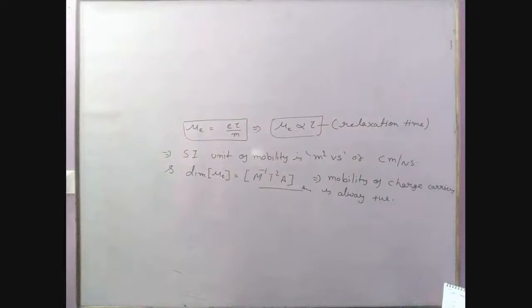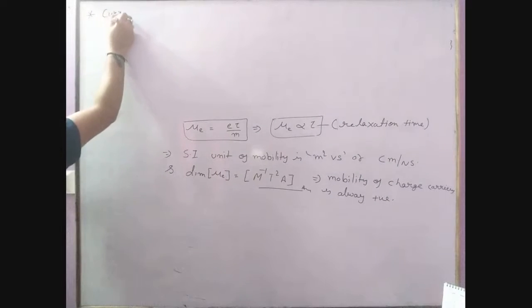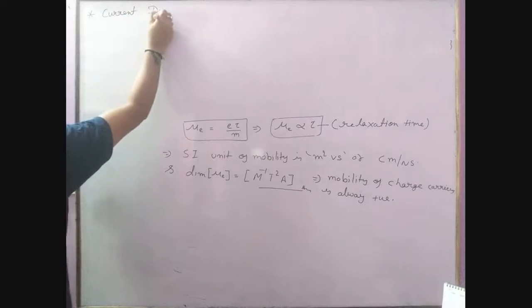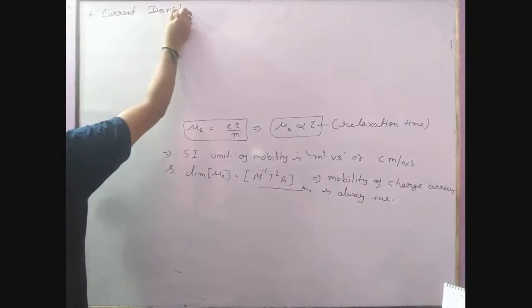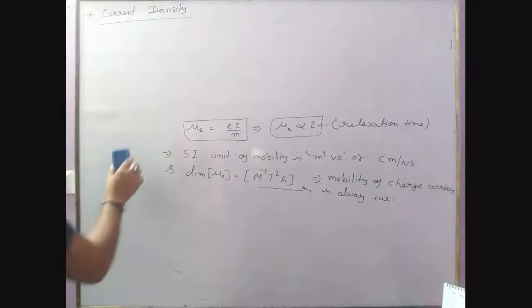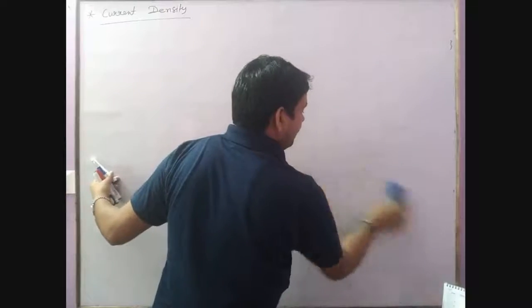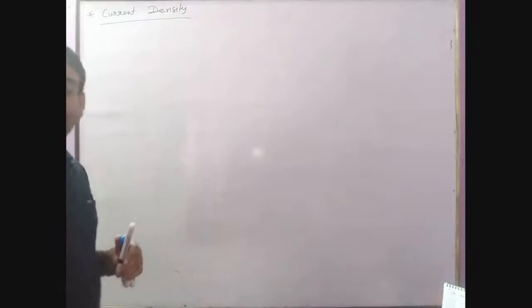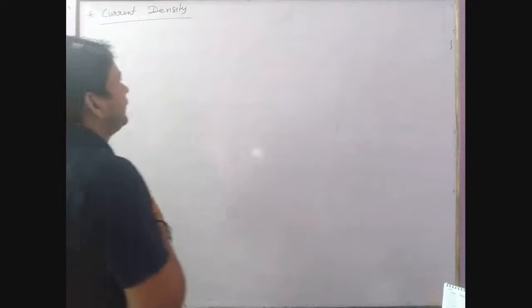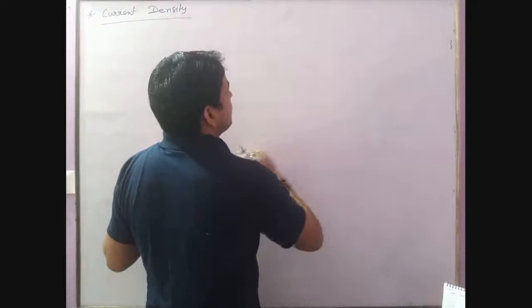Next we have current density. It is an important part. It is a vector quantity and its direction is always taken perpendicular to the area of cross section.